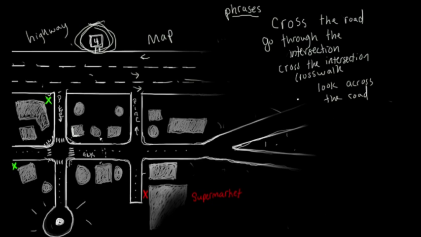We often, to give people an idea about where they are, say, you will see, or there is. So, let's say, for example, you want to go through this intersection. Go through the intersection of Elk and Pike.